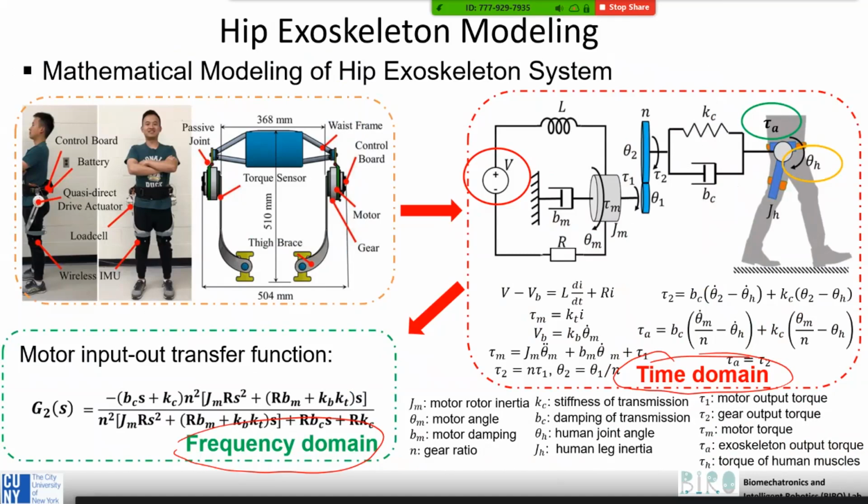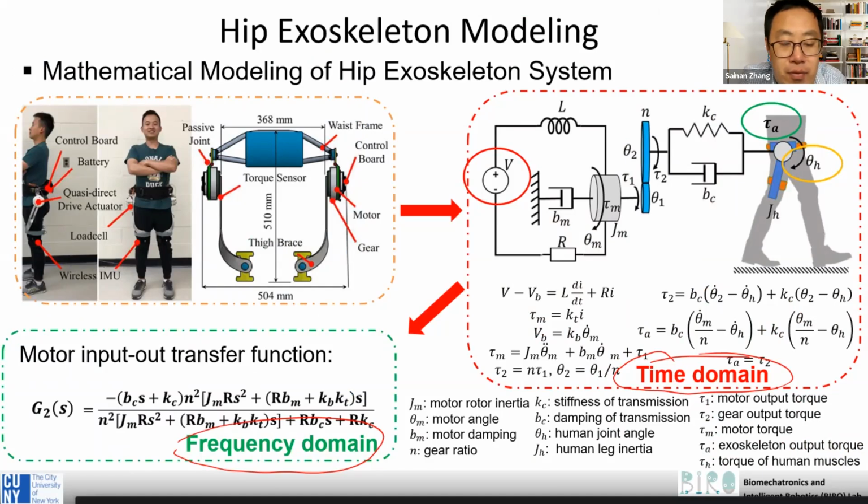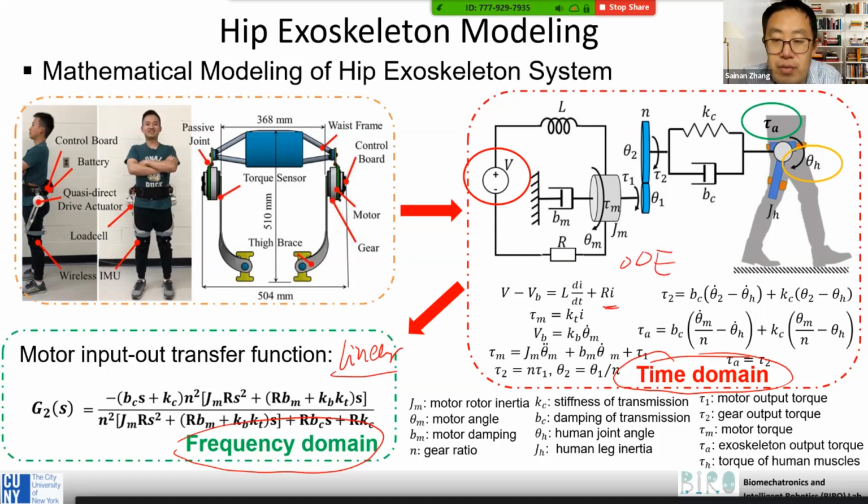Because calculus becomes arithmetic in the frequency domain. Basically in the frequency domain it's a linear equation, so you can do multiplication or division, simple operations. But in the time domain you need to deal with an ODE, an ordinary differential equation, which is nasty.